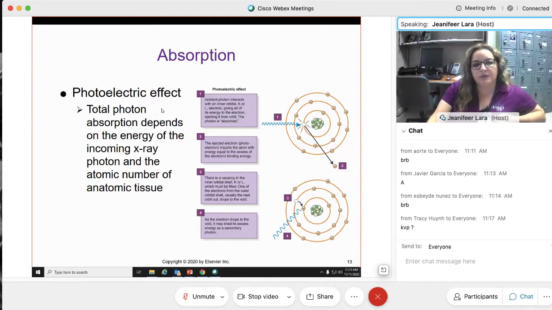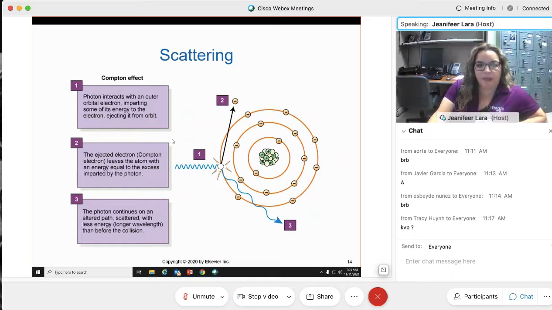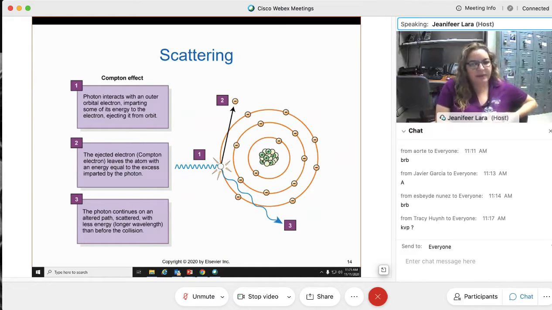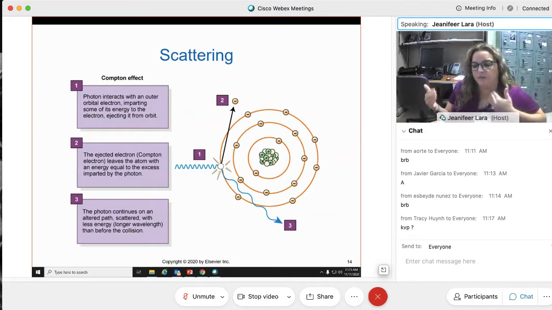But the key word is it's an inner shell. Compton scattering, we know that the incident X-ray comes in and affects an outer shell. We know that there are some byproducts of that interaction. So both interactions have different byproducts, meaning different results, different aftermath occurrences. I also want to make sure that we understand this when we get to next semester.